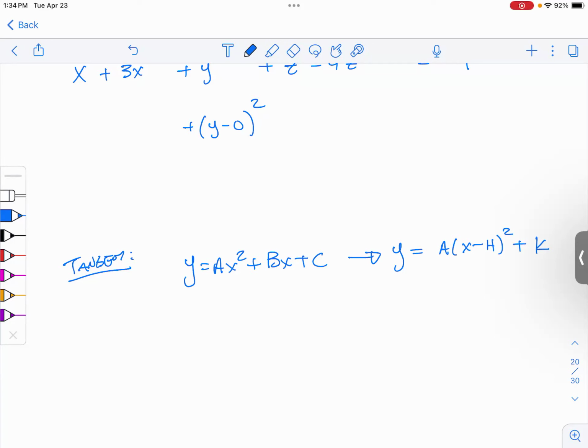Okay, let's back up further. How do you solve a quadratic? There are 3 techniques. How do you solve ax squared plus bx plus c equals 0? What are the 3 techniques to solve it? Factoring. That's the best one. What are the other ones? Quadratic formula.